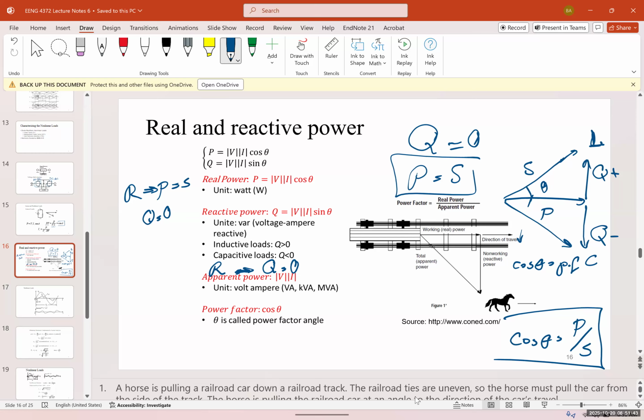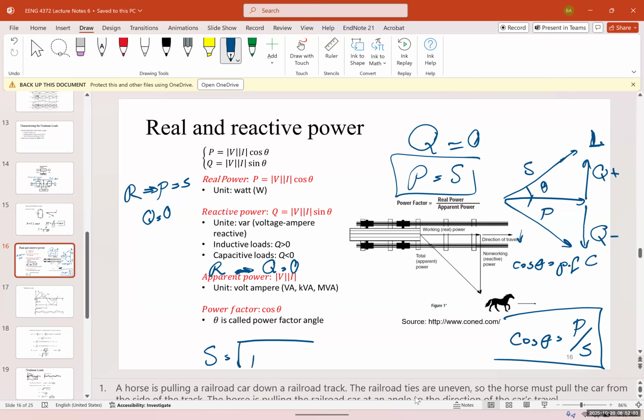For apparent power, the unit is volt amp, and that's the unit you see on transformers, for example kilovolt amp, which accounts for both the reactive and the real power. And what is the relation between S, P and Q?